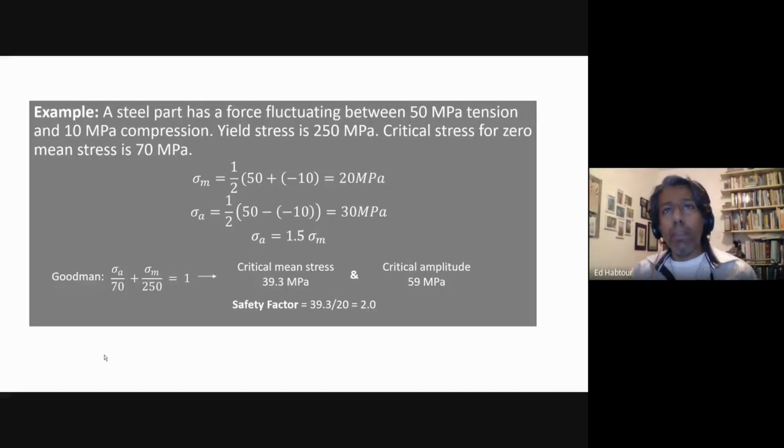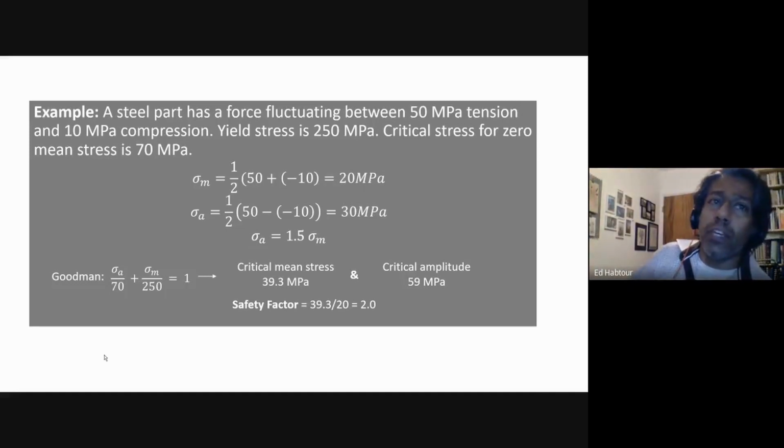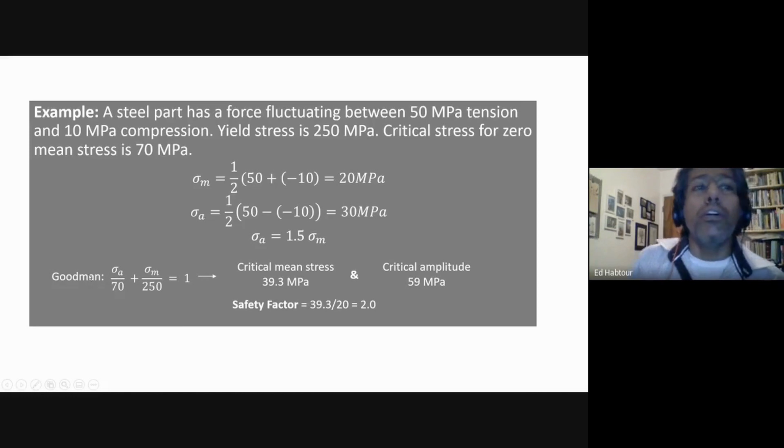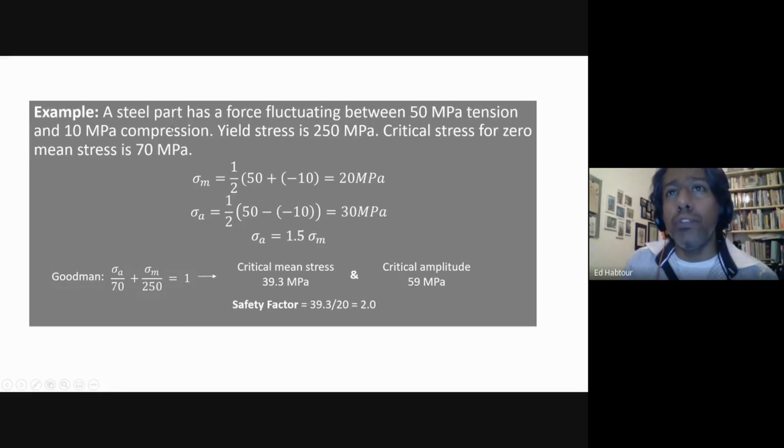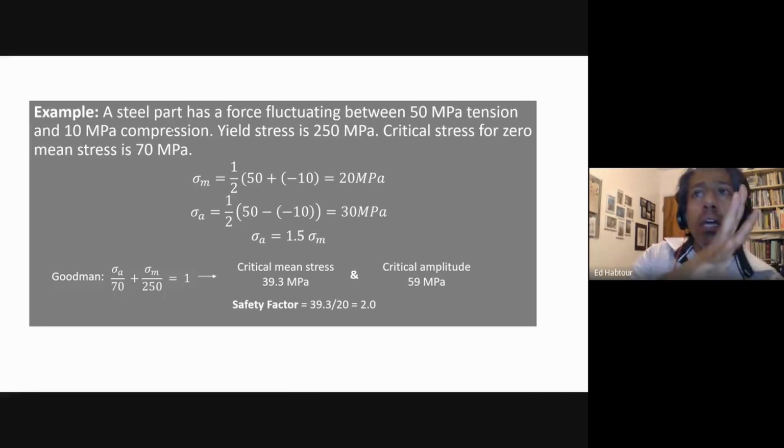Going back to how to apply one of those techniques, this is the Goodman method that I use here for a steel part, where I'm trying to calculate a safety factor based on a yield stress that I know of, and based on my critical stress and my mean stress.